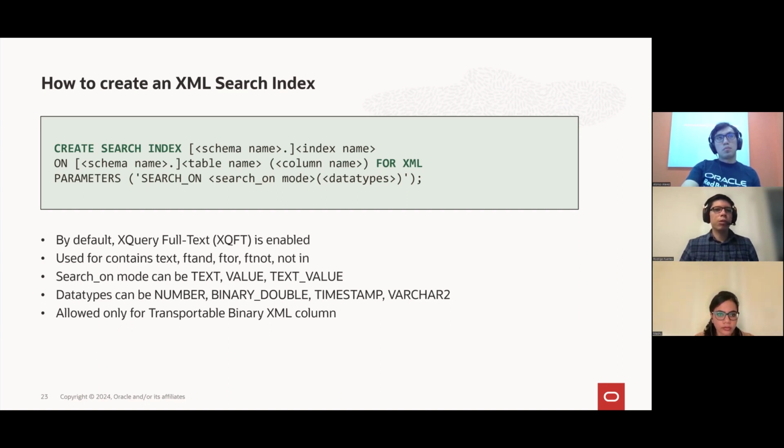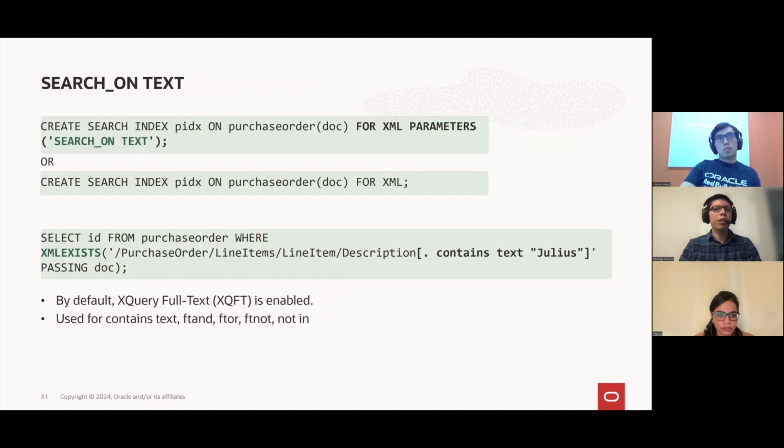So now we will go through each of the syntax options and a sample query that you can use. As we said before, the default is search on text, but you can also explicitly specify it, right? So you can do this create search index for XML with search on text, or as we said, it's the default. And this will allow you to do this XMLExists query with a contains text XQuery predicate, right?